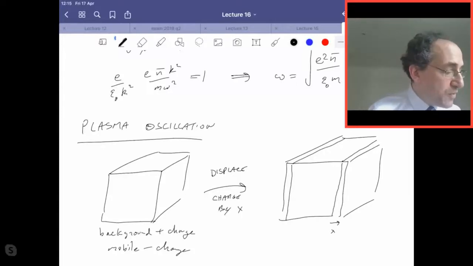If we move the negative charges in this direction, then we have minus charges built up over at this end, where you push the charges to, and you have positive charges over here, where you remove the negative charges, and you're just left with the background charges.